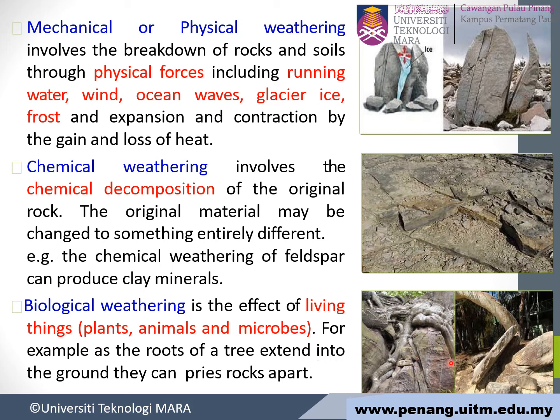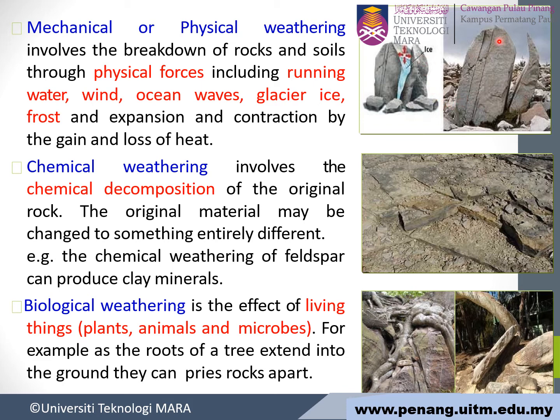Okay, if you see here, these are the roots. Roots of the tree extend into the ground and they can press rock apart. So you see here we have a rock, and it will break the rock. This one is an example of chemical weathering, and this one is mechanical weathering.